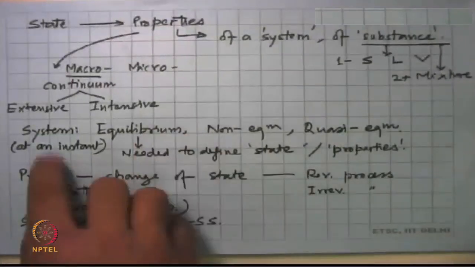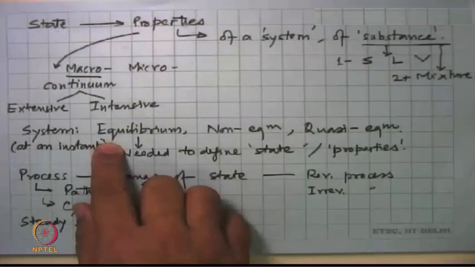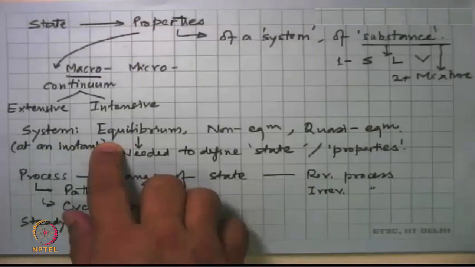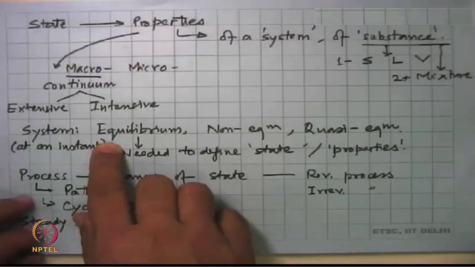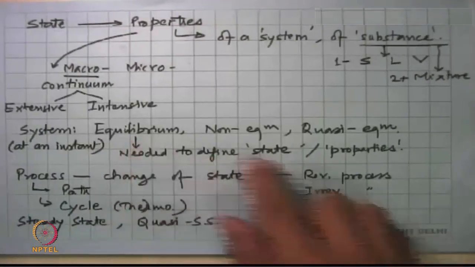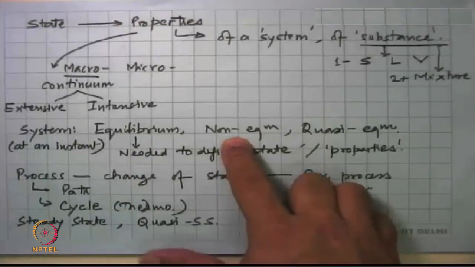Having defined properties, we were then in a position to come to an important concept, which is equilibrium. And we said that a system is in equilibrium, by default at any instant of time, if the properties everywhere in the system are the same. If that's not the case, it is not in equilibrium, non-equilibrium thermodynamics.